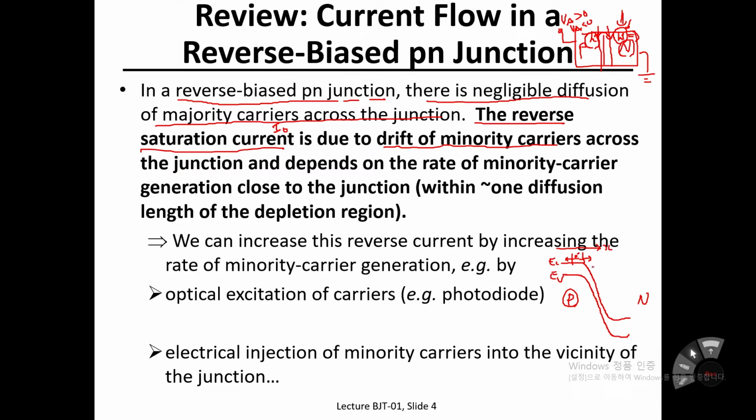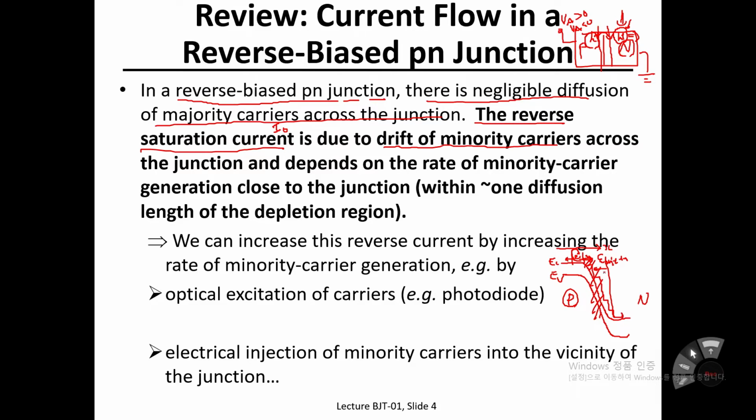Then, under reverse bias, the minority carrier, this electron in the p side, can move across the PN junction region once it is injected into the depletion layer. Why is that? Because in this depletion layer, the built-in electric field has been well formed. So the electron moves like that.